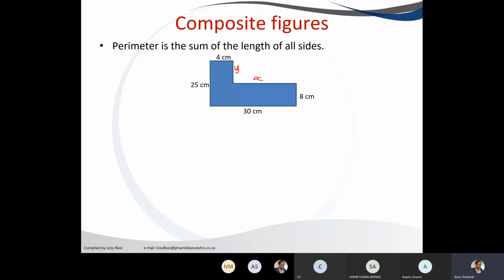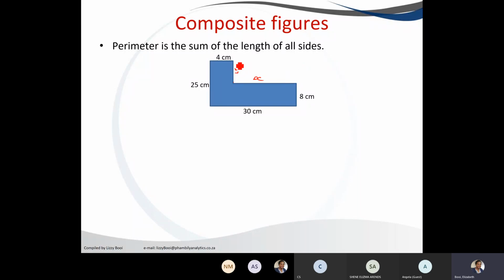Because we don't know those sides, I can call this side a Y side, and I can call this an X side. I can find the X side, because if I look at this figure, I know that from this side to that side is 30 centimeter. And from here at the top, we have 4 centimeter. If I extend this line, I will also be at this point.